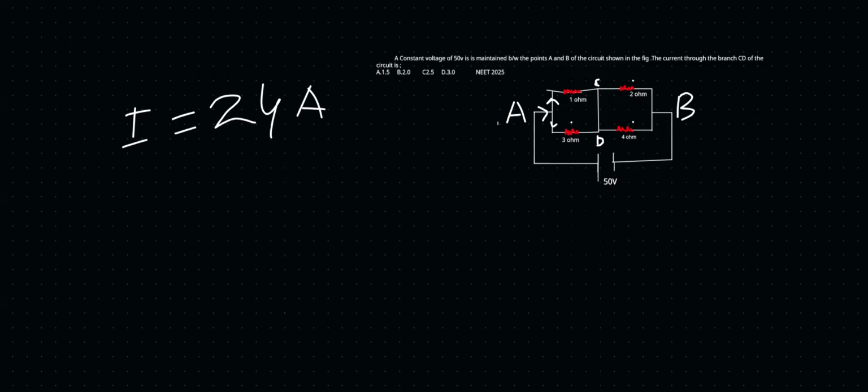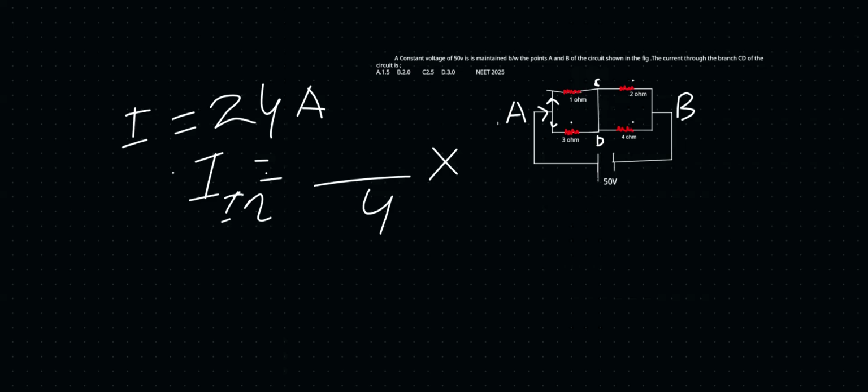Let's check the current through the 1 ohm resistance. The total resistance is 3 ohm plus 1 ohm, that means 4 ohm, and the total current coming is 24.